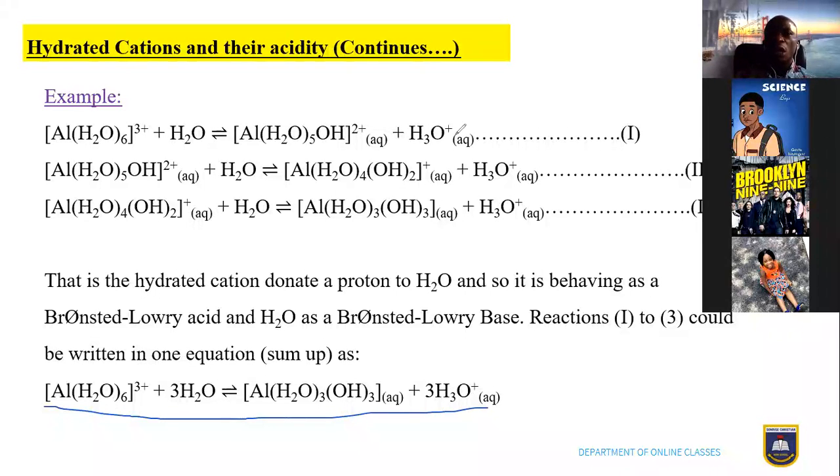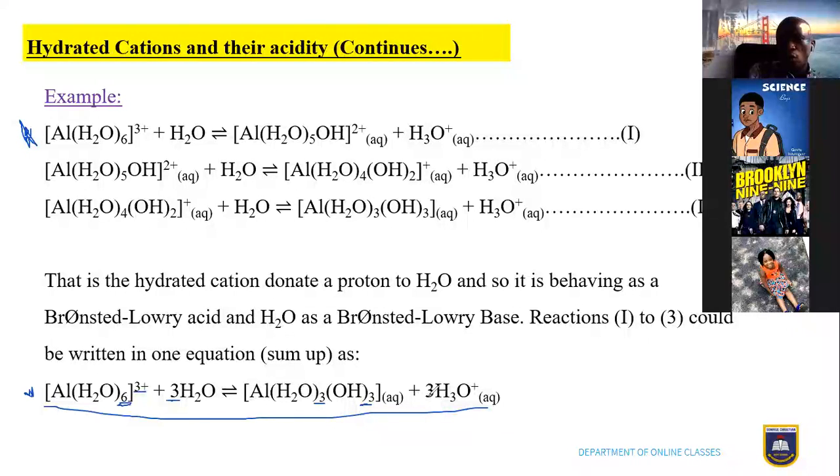So I was making the point that either you write this, just add a mole of water and you are fine, or you write the overall equation. In the overall equation, if you notice carefully, the charge +3 determines the moles of water you add: because there are 3 charges, you add 3 moles of water. Now the moles of water that is formed and the moles of hydroxide formed at the end, if you add them, must give you the moles of water in the hydrated cation.